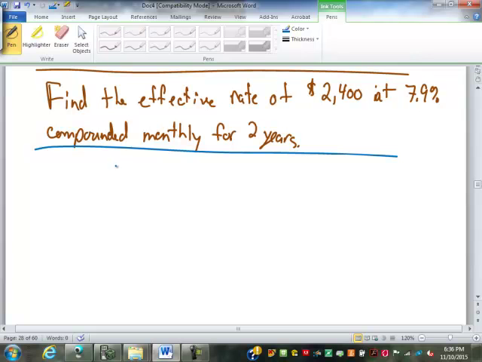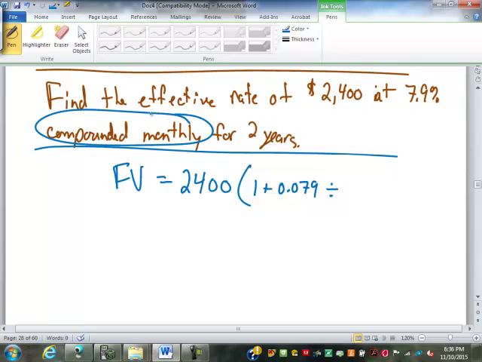So we're going to find the future value after 1 year. So that's 2,400 times 1 plus 0.079 divided by, this is compounded monthly, so how many times a year is that? 12. To the power of how many periods are there going to be in a year? 12. Again, the 2 years here we pretty much ignore once we know that it's at least a year.